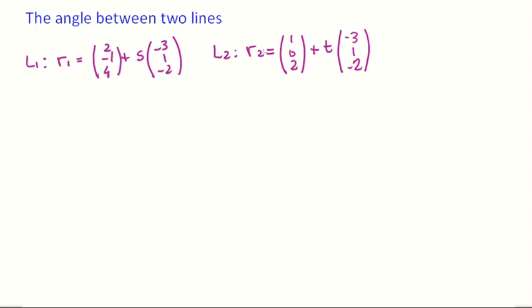And same thing here, r2 is your vector which describes this line, this is your arbitrary point, this is your parameter t, and this is your direction vector. So let's say that the question is asking us, what's the angle between those two lines?